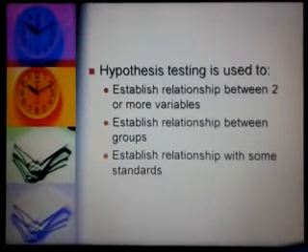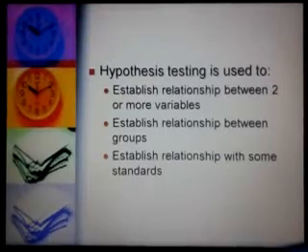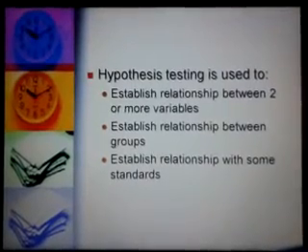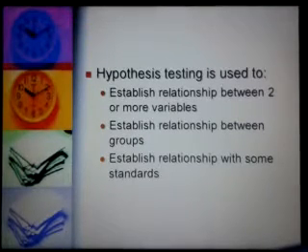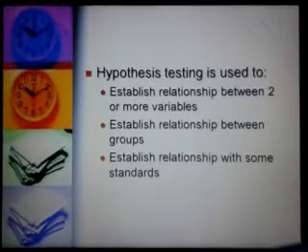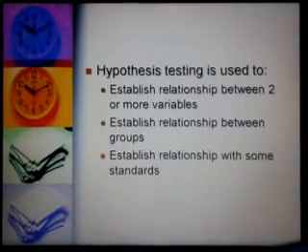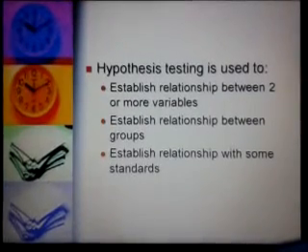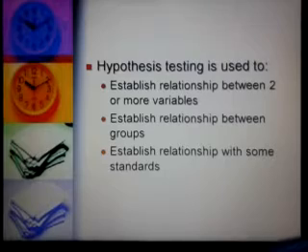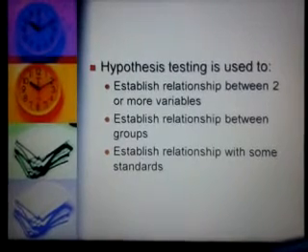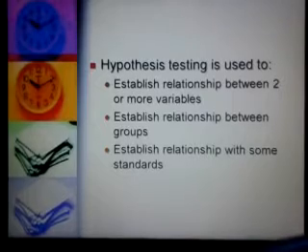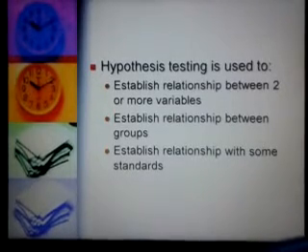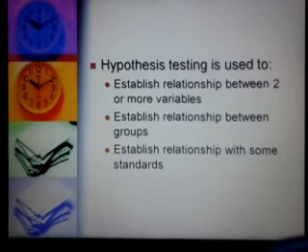Establish relationship between groups. So between two or more groups, the relationship can also be established using hypothesis testing. As I have discussed, another example is that educational qualification and a person's salary are related. So educational qualifications could be divided into groups.